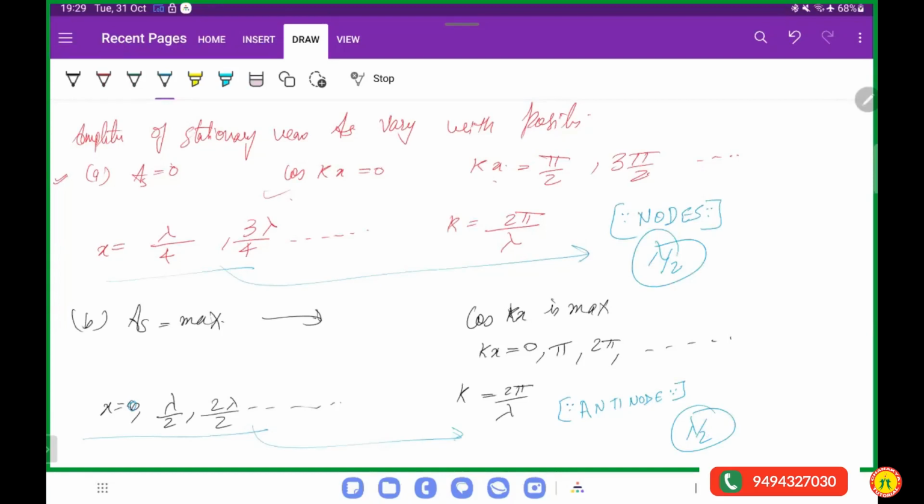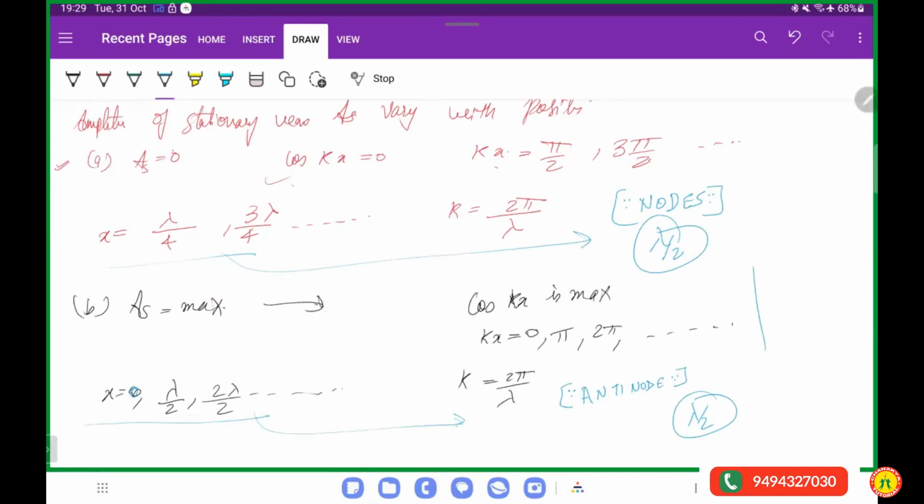So the spacing between two nodes is lambda by 2, and the spacing between two antinodes is also lambda by 2. So in this case, we are getting the maximum value of amplitude. X is the distance, and lambda is the wavelength.